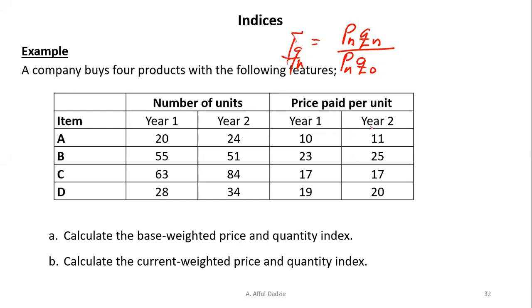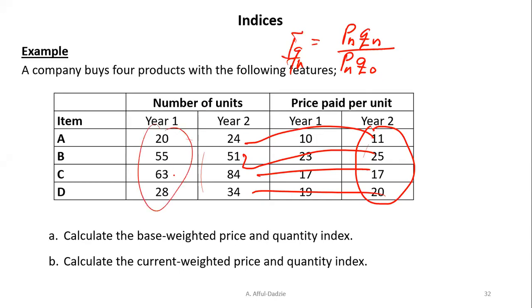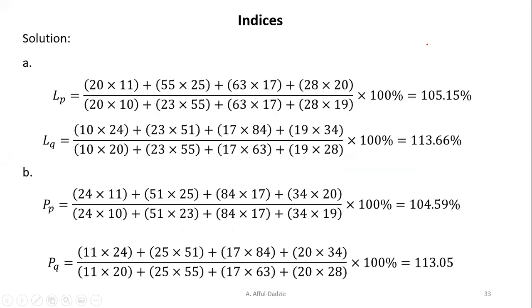This here is the weight now. You take the first one, you do 11 times 24, this times that, this times that, this times that, plus now you're going to take Q naught. You take the same one and multiply by the same one, divide, and multiply by 100, and you are done.